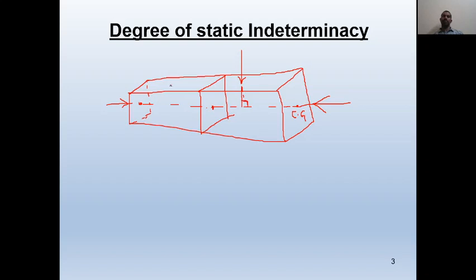Similarly, if you apply any other load perpendicular to the axis, these are all called lateral loads, and these are called axial loads. I'll write AL in short form, for axial load as well as lateral load.